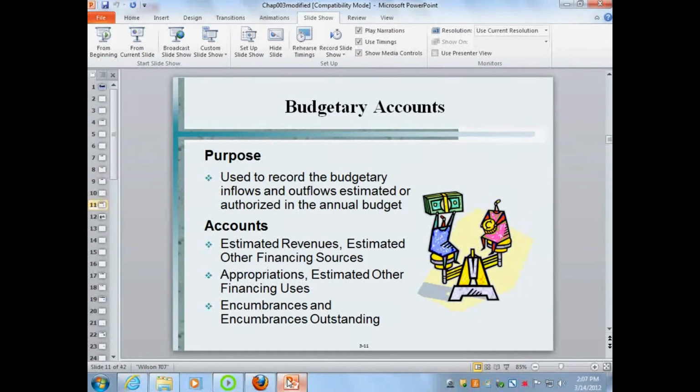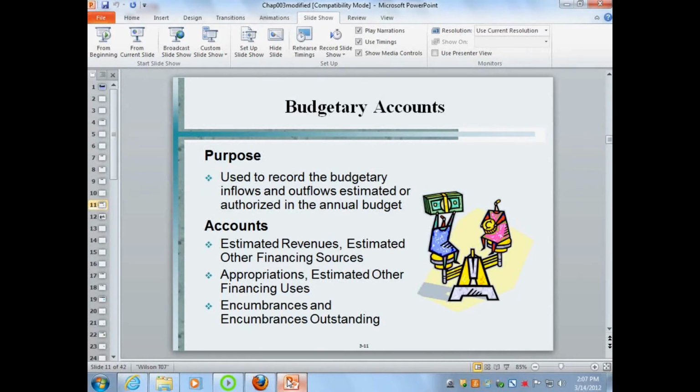Remember I said to you, you have revenues, right? Under the budget, you do the estimated revenues, and the difference between the two is your GAAP. Just like here in the operating account you have expenditures, here you have appropriations.